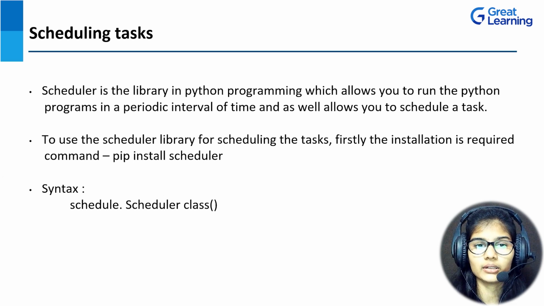The module which allows you to run functions at periodic intervals of time is called the scheduler module. Even you can schedule your task as well. It works in both cases: first, running Python programs at periodic intervals of time, and second, it allows you to schedule a task as well.